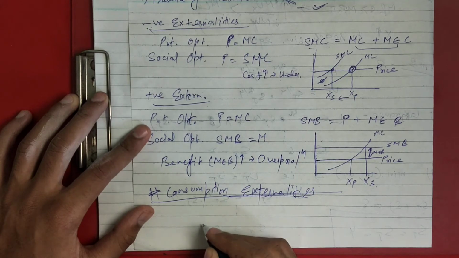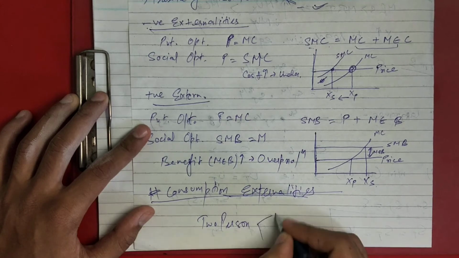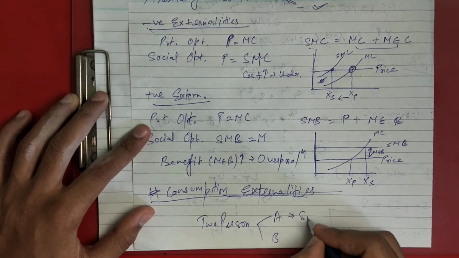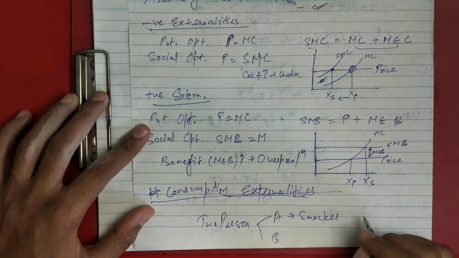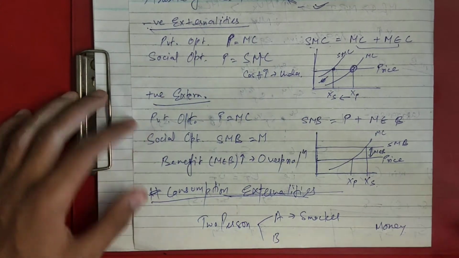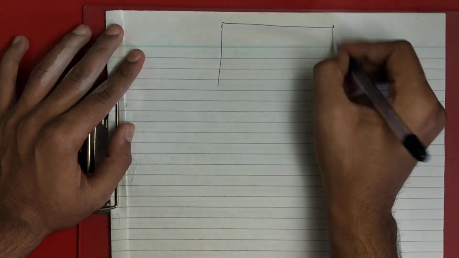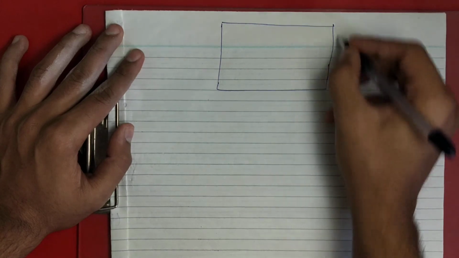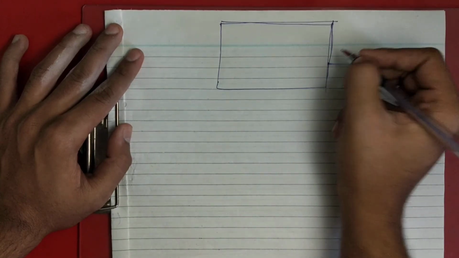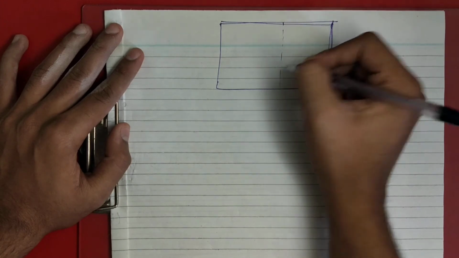So there are two persons, A and B. A is a smoker. They both like money. Now if I show this in the Edgeworth box, I'll just make one Edgeworth box and draw this line.